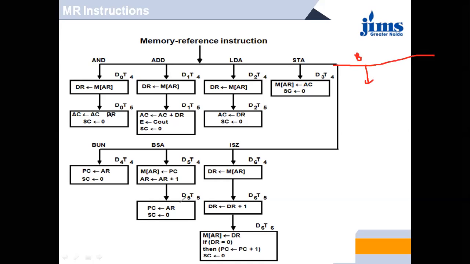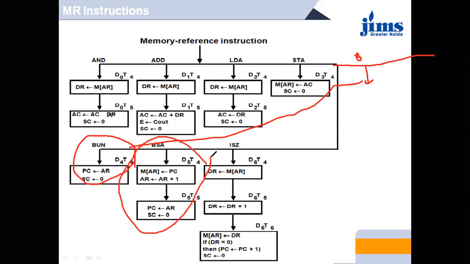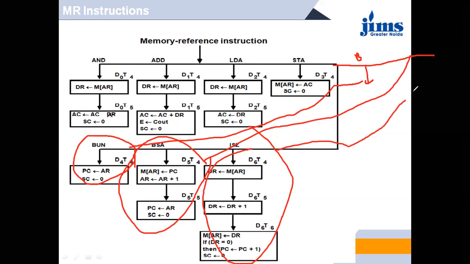I am writing this over here, so you should think that it is here. This one, that is BSA, is at this place, and ISZ is at this place. I am dividing the memory instructions in 7 parts.